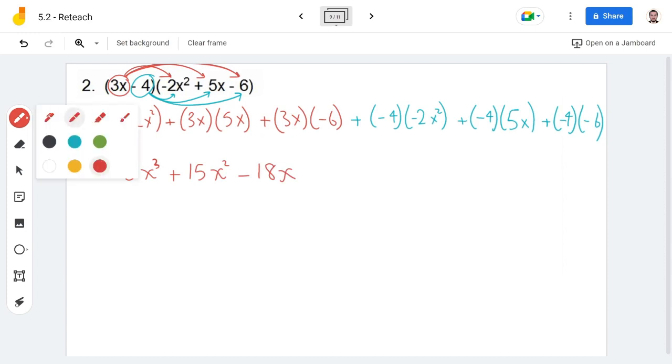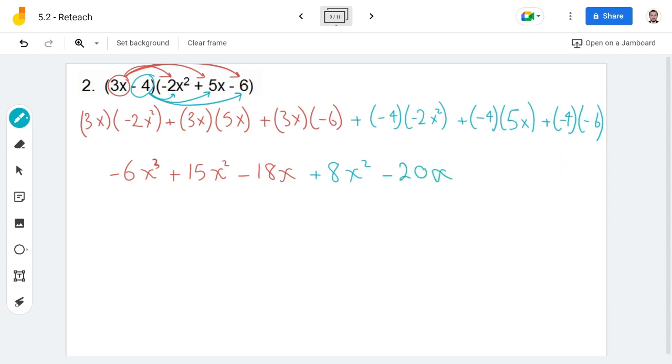Then let's continue. Negative 4 times negative 2x, which is plus 8x squared. Negative 4 times 5x is negative 20x. Then the last one is negative 4 times negative 6, positive 24 because negative with negative, you get positive.